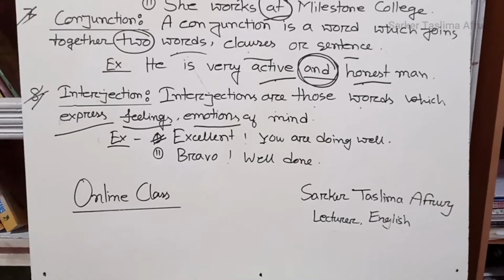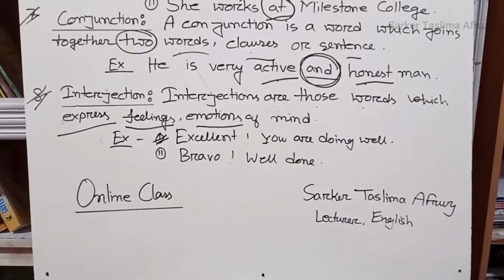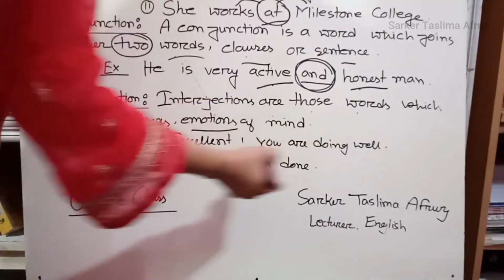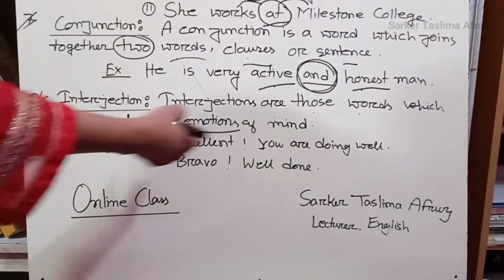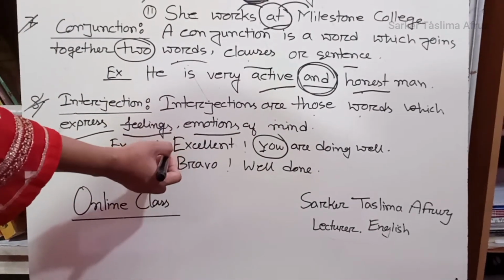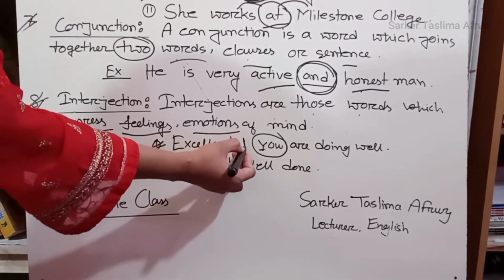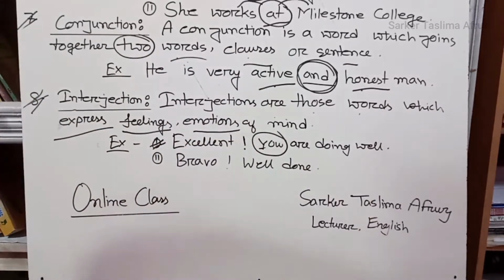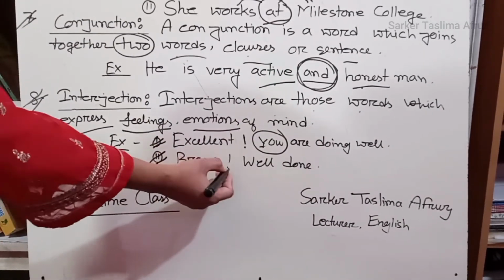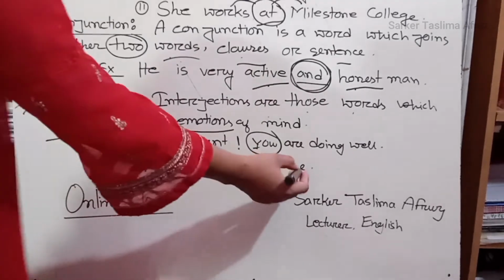You can see it's expressing your feeling about something, like appreciating him for doing well. We use excellent here, and after excellent we use an exclamation mark. Next one, bravo. Once again, exclamation, well done.